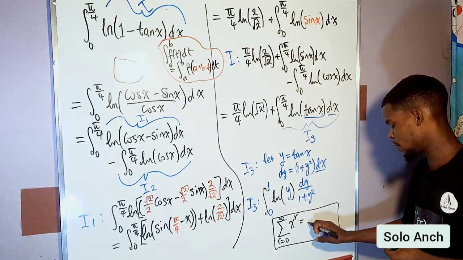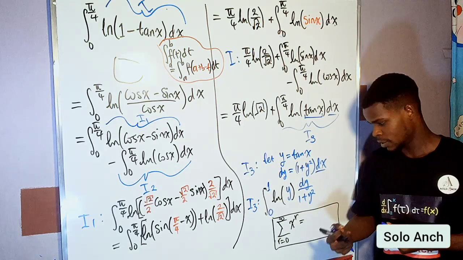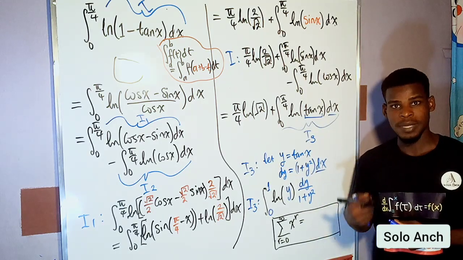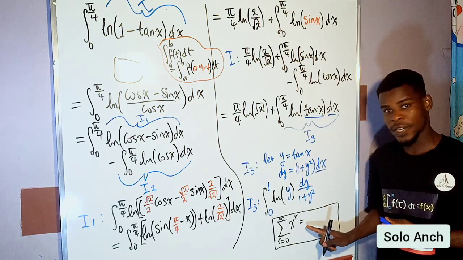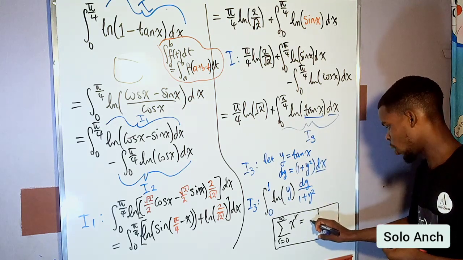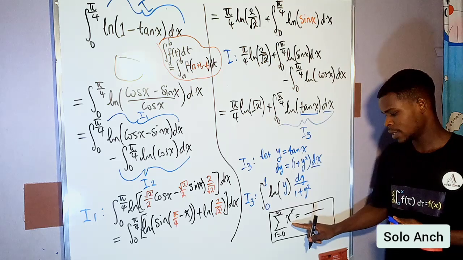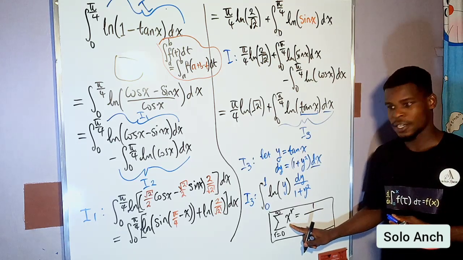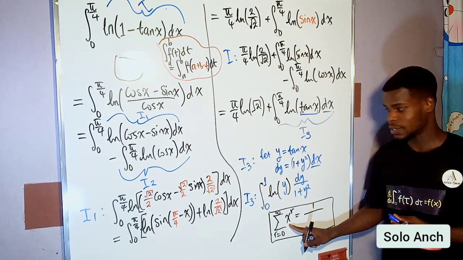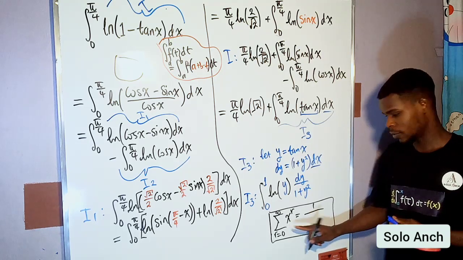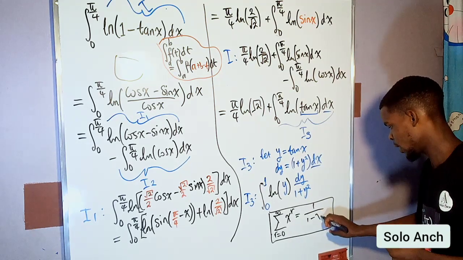Okay, this right here gives us 1 plus x plus x squared plus x cubed and so on and so forth, where the first term is 1 and the common ratio is x. Okay, and that is a case where the absolute value of x is less than 1. We'll have this to be 1 over 1 minus x.